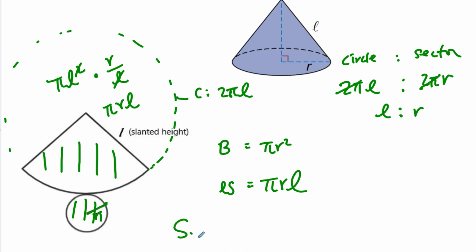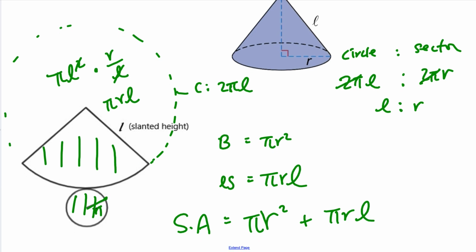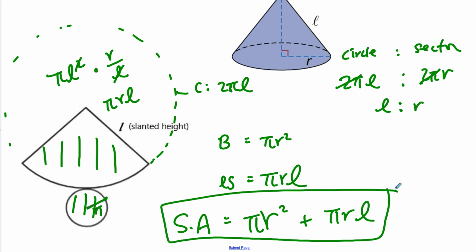Then the surface area of a cone is equal to the base, pi r squared, plus the lateral surface, which is the sector, pi r L. Okay, so that is the formula for the surface area of a cone.